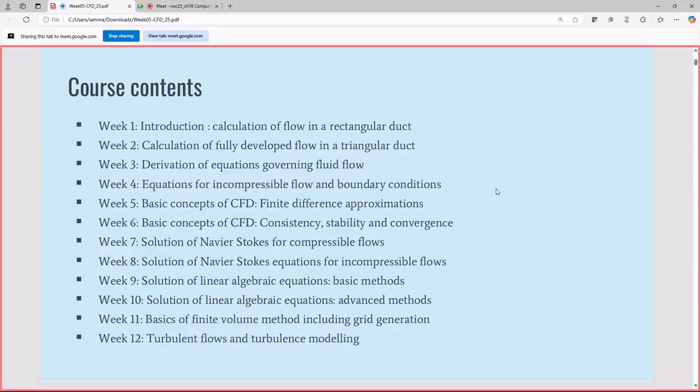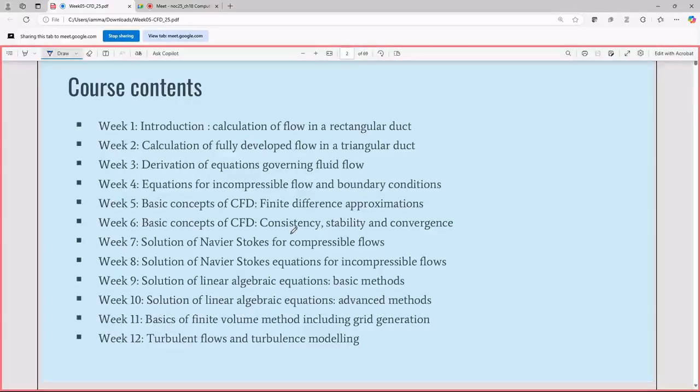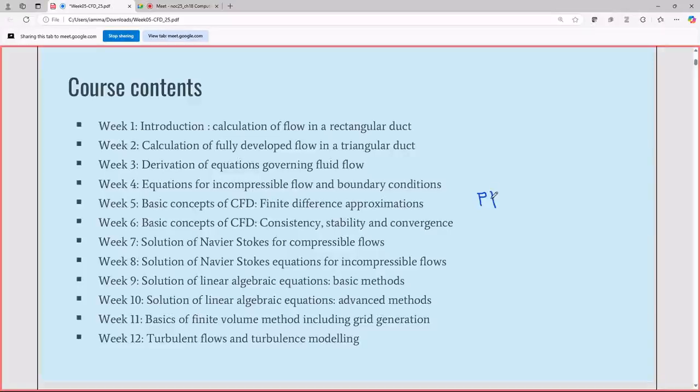Let's see the course contents. In week 5, you might have covered the basic concept of CFD and how finite differencing approximations are applied, how the partial differential equations are converted to algebraic equations.